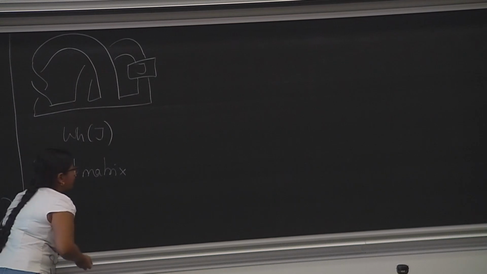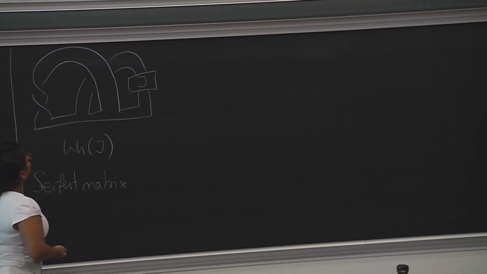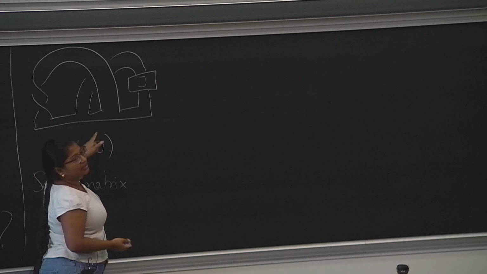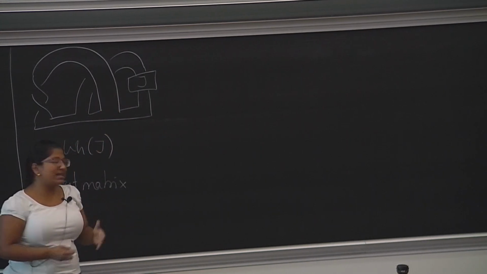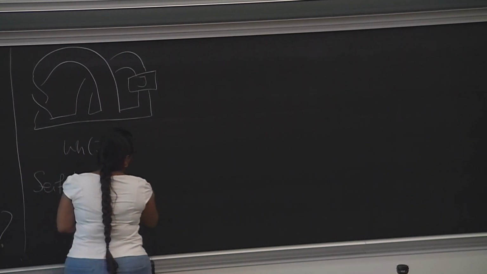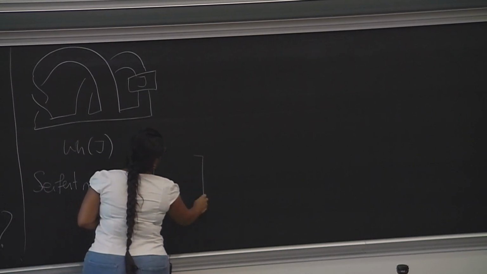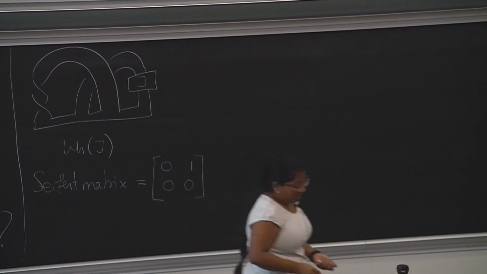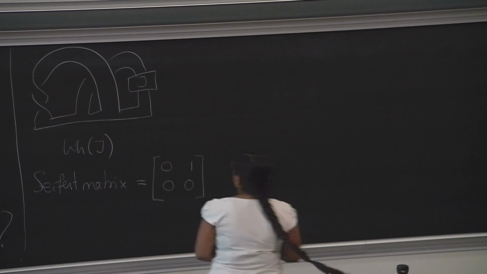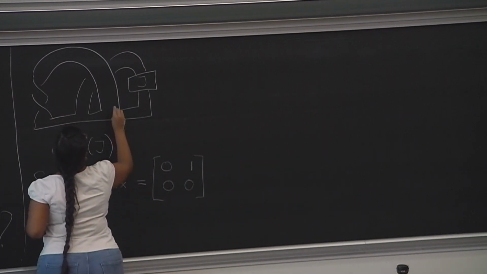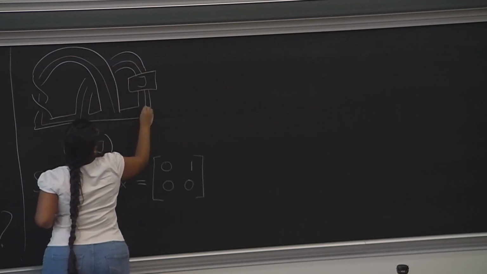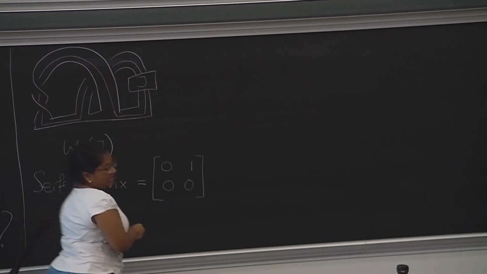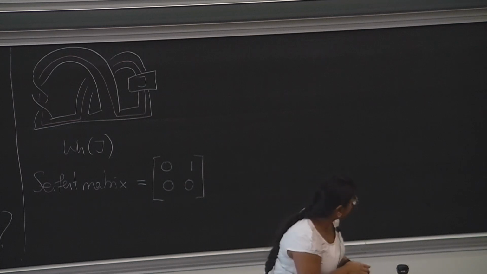To do your Seifert matrix computation, you'll probably want to use these core bands like we did yesterday. But in fact, I want a slightly different basis. So I claim that there's a Seifert matrix that looks like this. And I'll in fact use this basis instead, because that makes the matrix look nice.